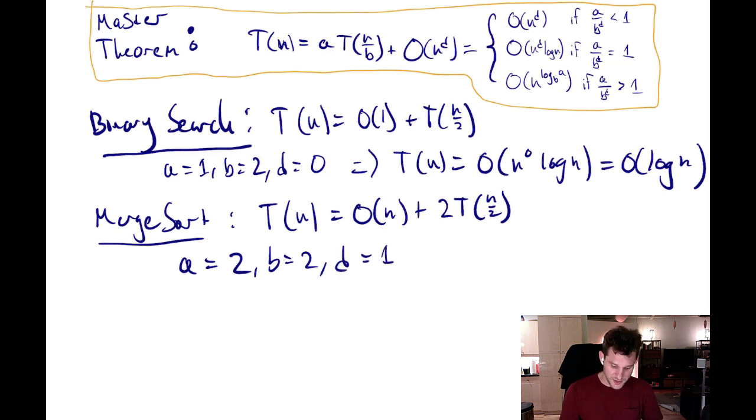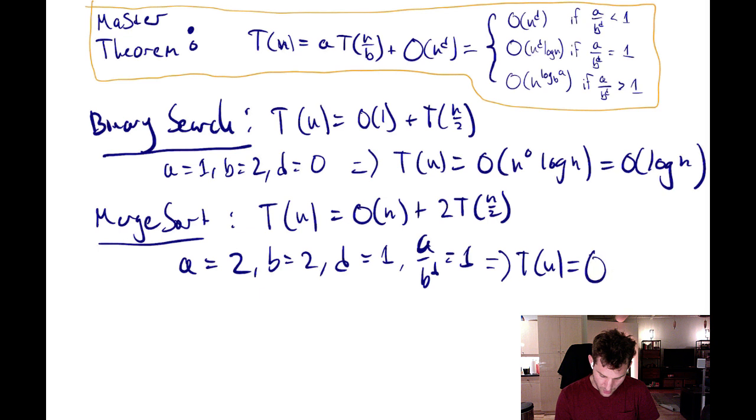So what is a over b to the d? It equals 1. Therefore, we are again in the second case, and we have T of n equals O of n to the d log n, so that's O of n to the 1 log n, which is n log n, which is what we expected for sorting algorithms.